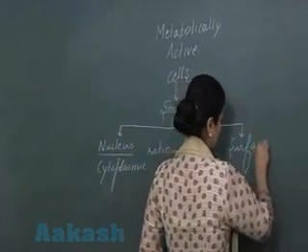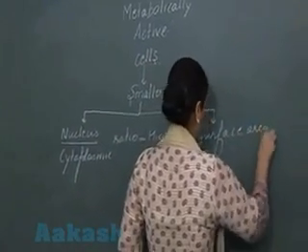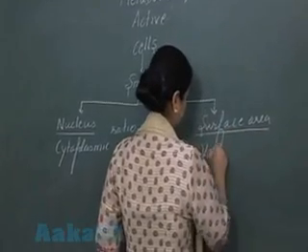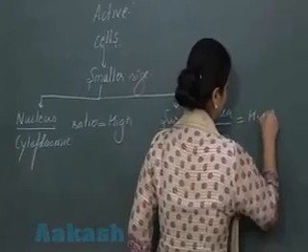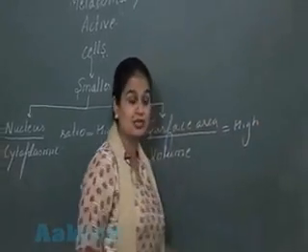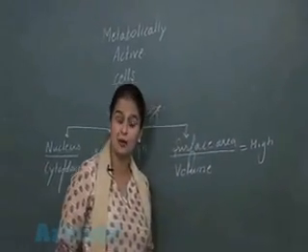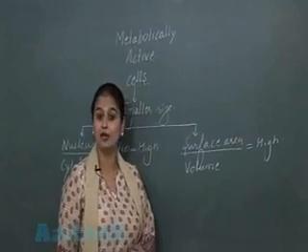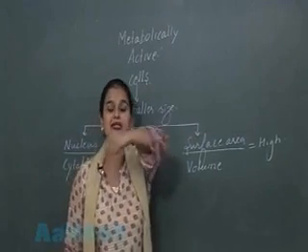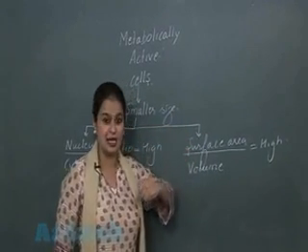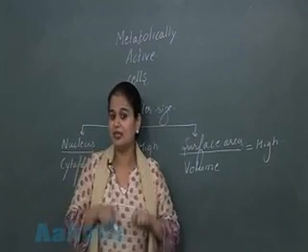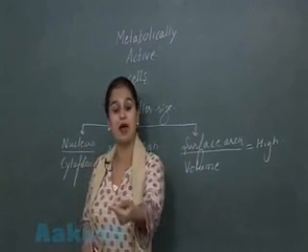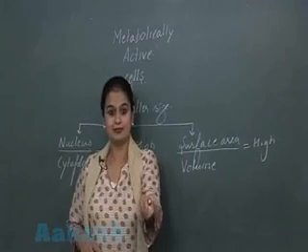Now second one, the surface area to volume ratio in these cells is high. तो सरफेस एरिया सेल का ज्यादा होगा as compared to the volume. तो अगर सेल का सरफेस एरिया ज्यादा है, it means the exchange of material between the cell and the environment is more.